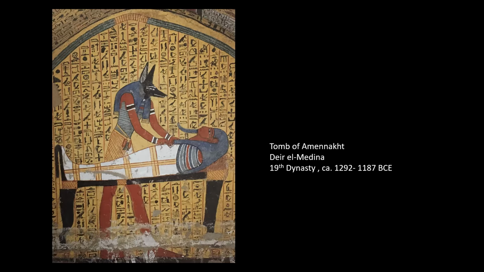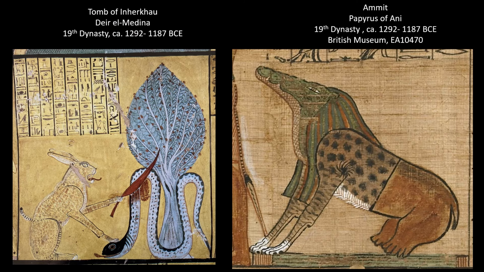In human and animal hybrids, the morphological transition is also rather discrete, with the headdress or wig creating a distinct division between animal and human form. So these renderings of gods are more like a patchwork of animals and humans, almost like a Frankenstein's monster type creature, which is very different from the seamless hybridity that we see in Inherkau's great tomcat or great cat hare, as I like to call it.